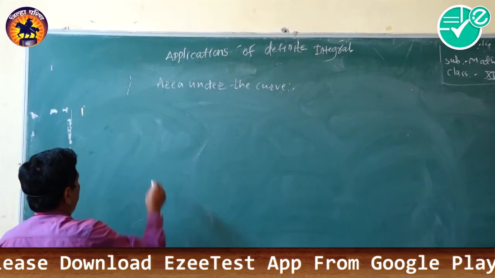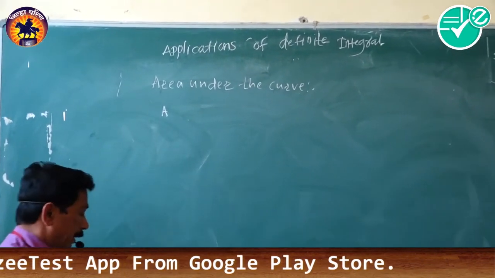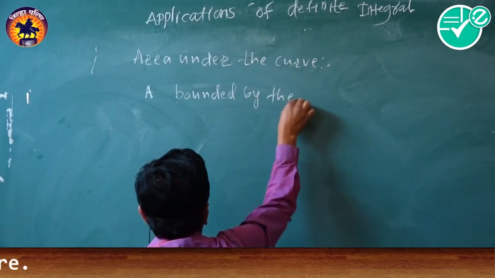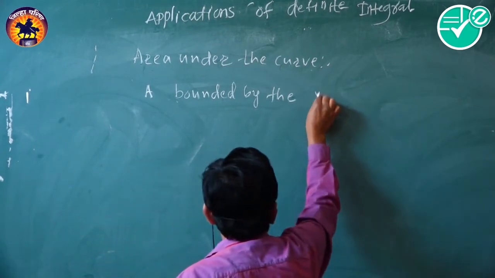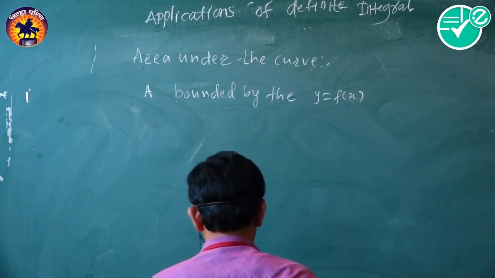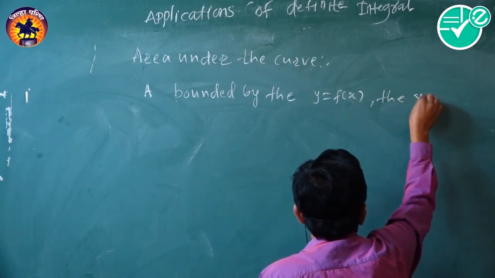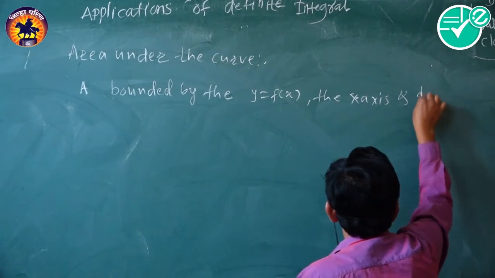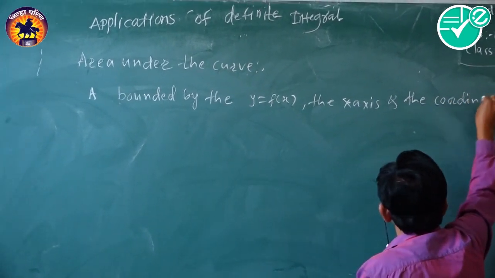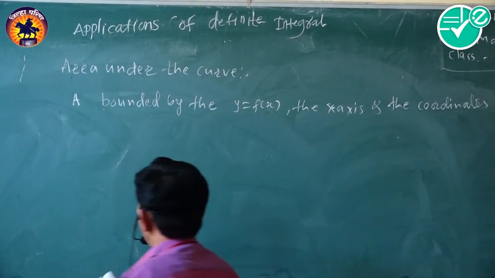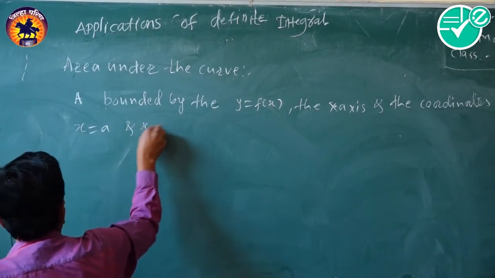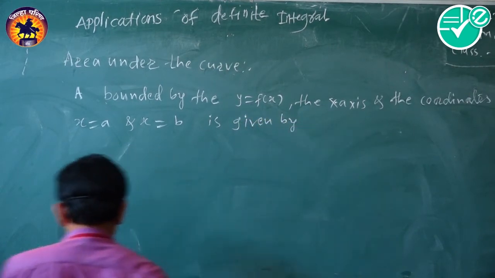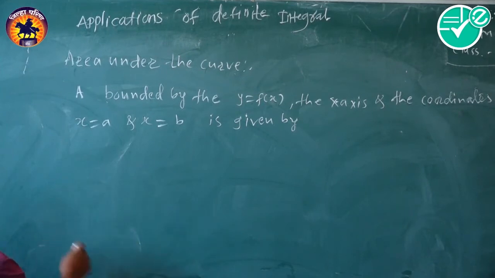The area A bounded by the curve y is equal to f of x, the x-axis, and the coordinates x is equal to a and x is equal to b is given by... that is, we can draw this figure.